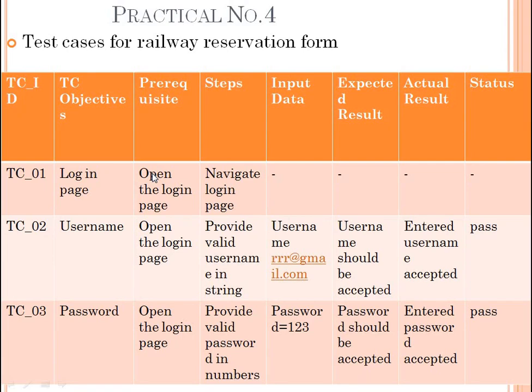The prerequisite is to open the login page; we have internet access on our PC and we open the browser. After that we log in to the page, that is, the railway reservation page.